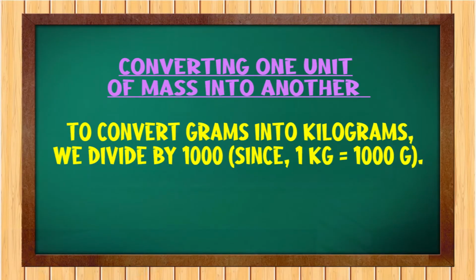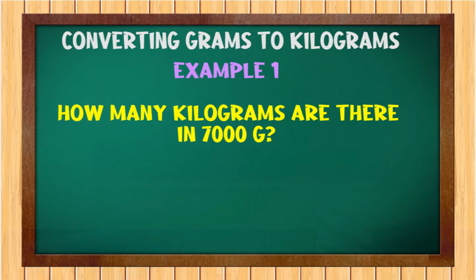Now let's move on to discuss how to convert grams into kilograms. To do this, we must divide by 1,000, since 1 kilogram is equivalent to 1,000 grams. Let's work 3 examples to help us to understand how to convert grams into kilograms. First example, how many kilograms are there in 7,000 grams?